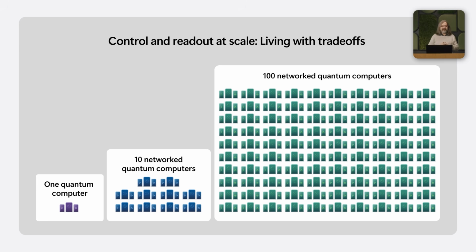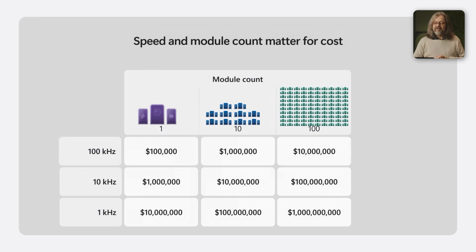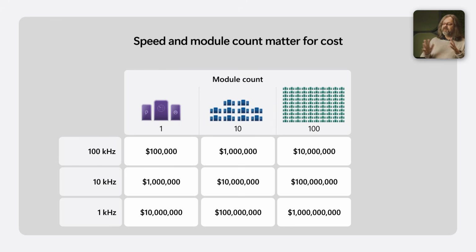The more modules I build, the easier it is to build each of them, but then I need more of them and the cost will go up. If I combine those now, then I see a huge variation in the cost. If I can do the calculation with a single fast module, the cost may be as low as $100,000. But if I need 100 slow modules, the cost could go up to $1 billion.